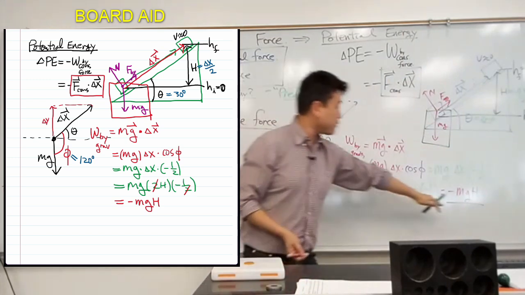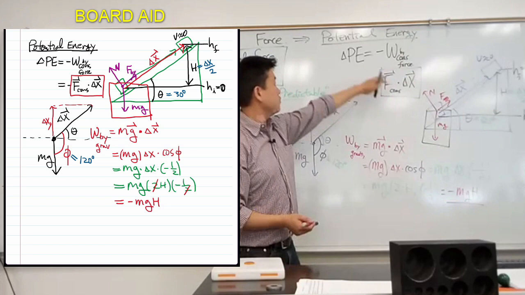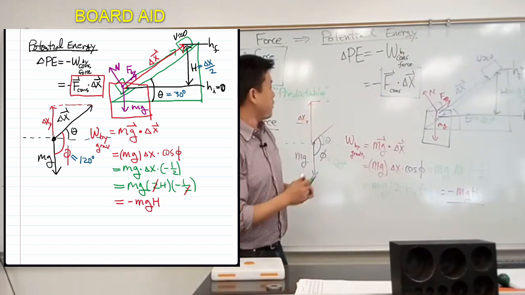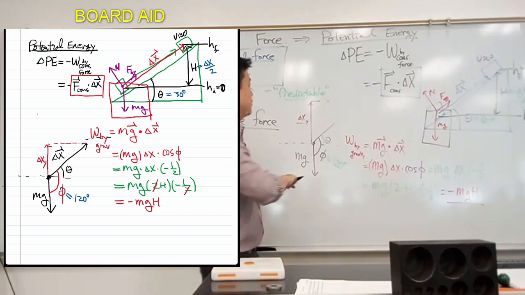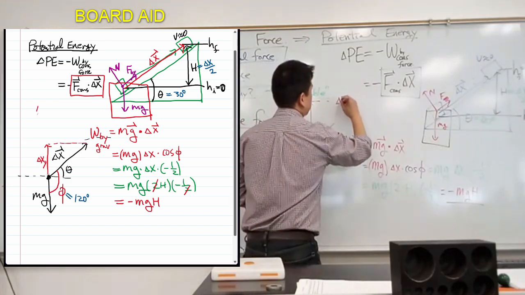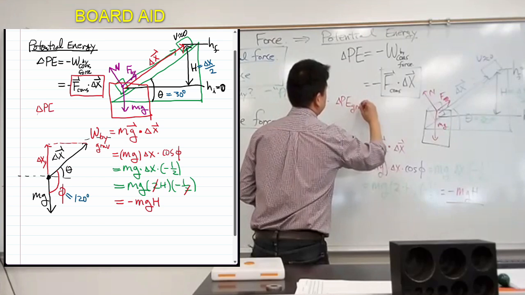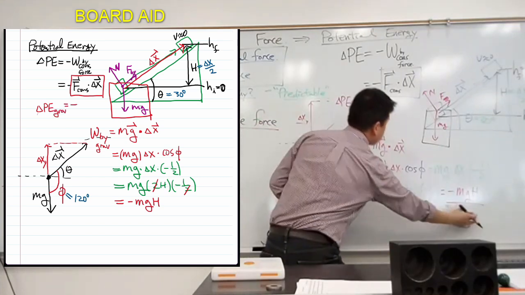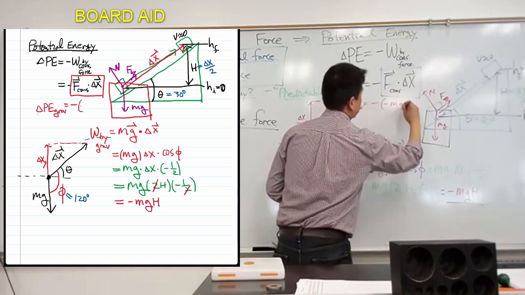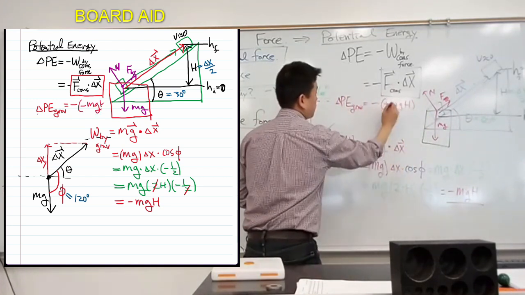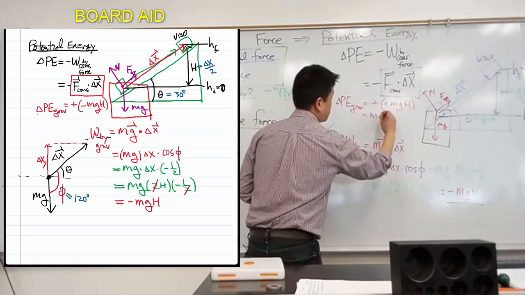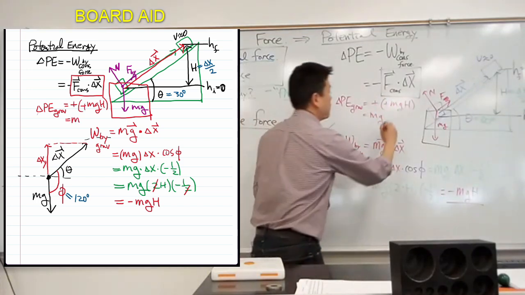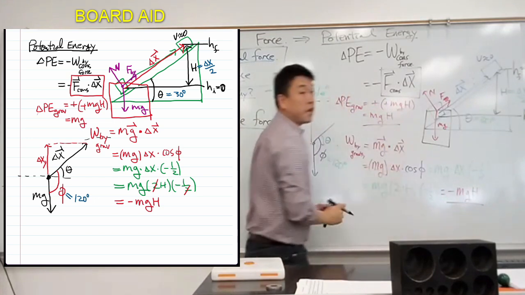So this is the work done by gravity. You use it here to derive the change in gravitational potential energy. The change in gravitational potential energy is equal to minus the work done, minus mgh. So these two minuses cancel, and when there's a change in height of h, the change in gravitational potential energy is mgh.